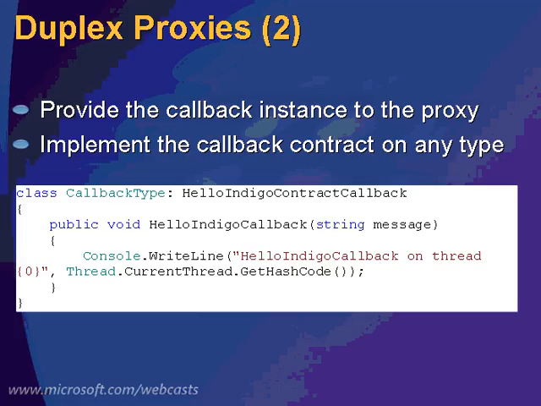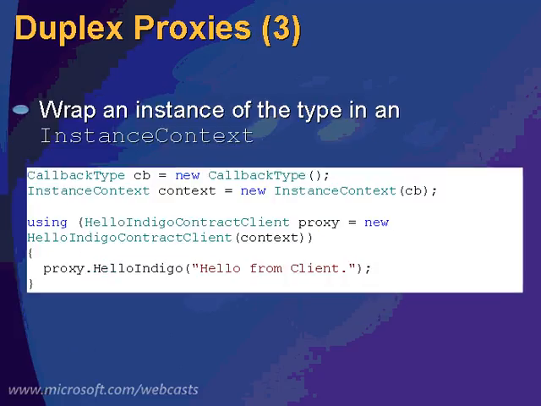So we can implement the callback contract on any type. It doesn't have to be a form. In this case, I'm showing a new class that we create an instance of that implements the callback contract. And then we construct that object, pass it to the instance context, and initialize the proxy with that context.